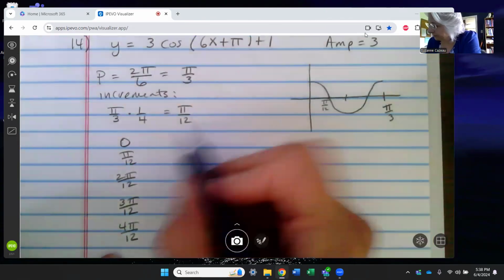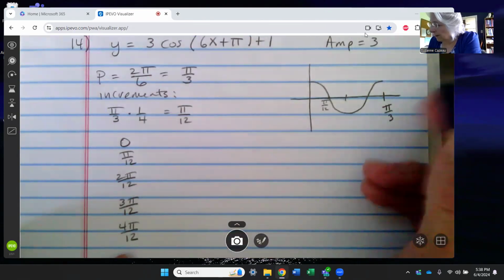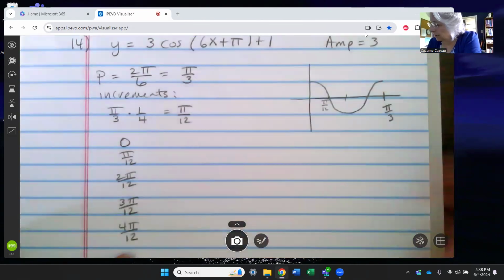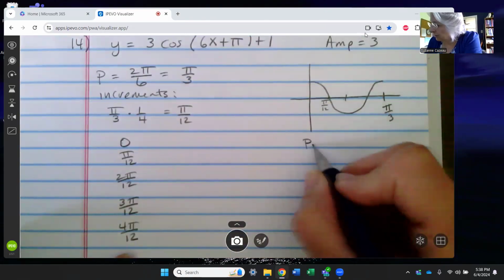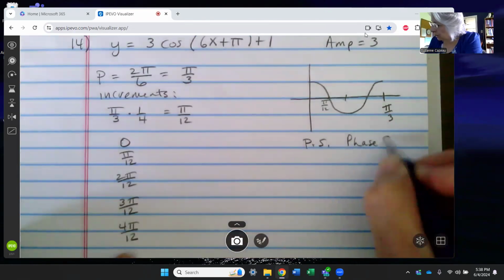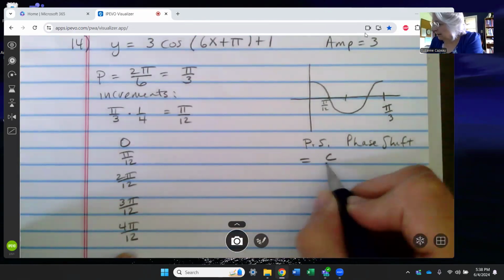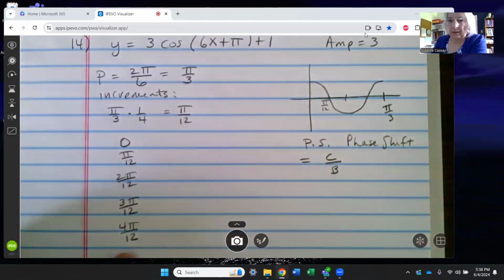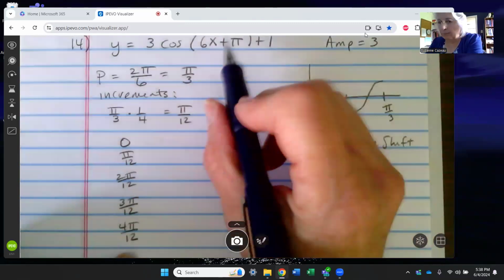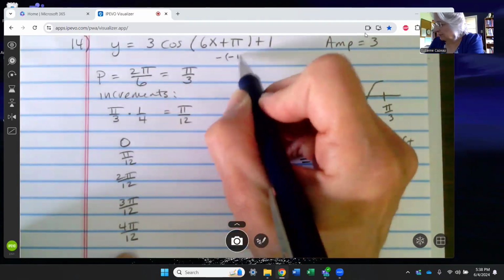So now what? Okay, now we know our phase shift, right? Phase shift is going to be C over B. And what is C? C is going to be a negative pi. Remember, this is like minus negative.